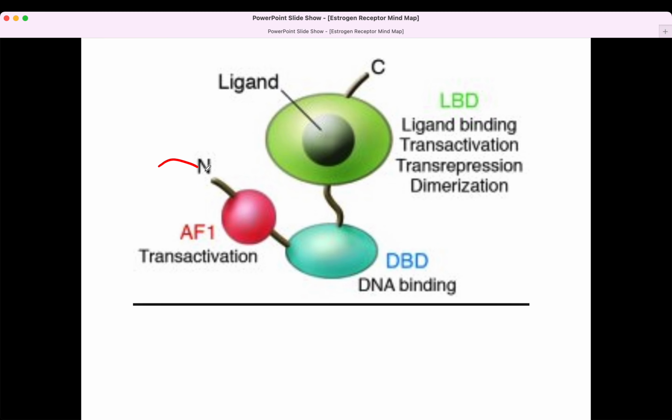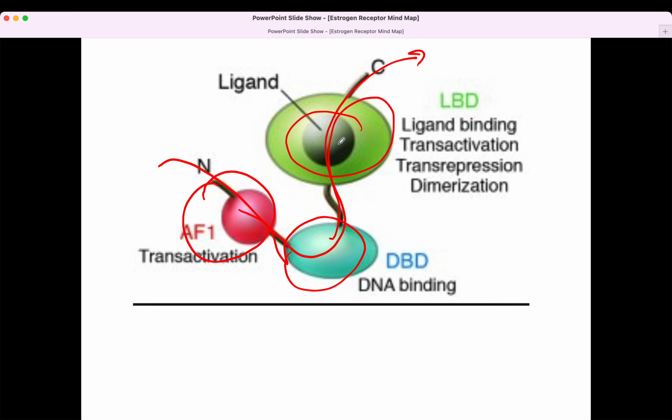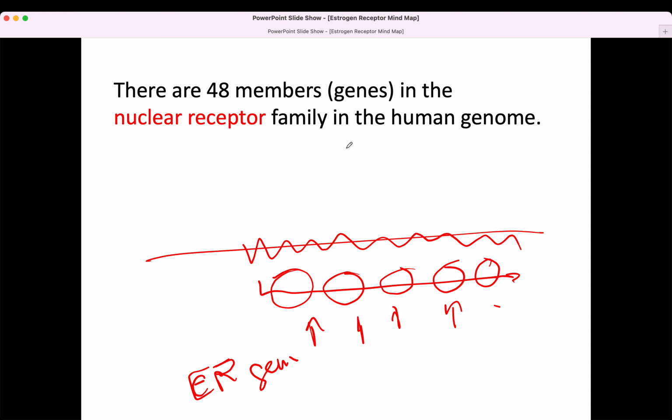It turns out that for all nuclear receptors, the coding region starts by coding the transactivating domain, then the DNA binding domain, and then the ligand binding domain. And so there's a common structure for the genes for all these nuclear receptors because they evolved from a common ancestor.